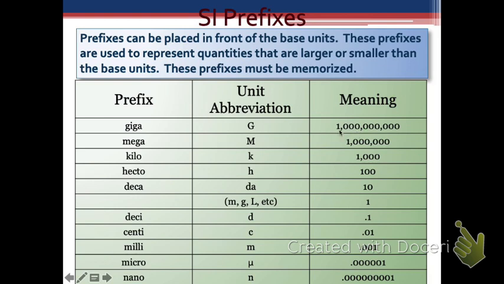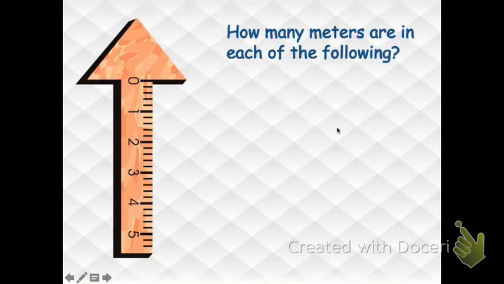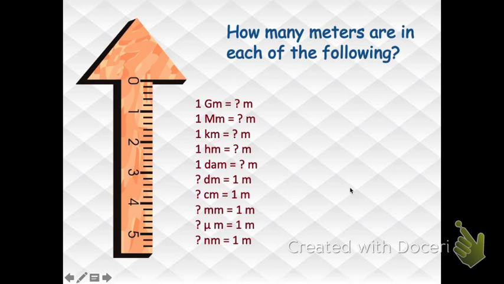I think it's 100 million. Or a billion, I mean, not 100 million. A billion. Okay, because how many zeros are after that? There would be 1,000. There would be 1 million. There would be 1 billion. Okay? So a gigameter is equal to 1 billion meters.